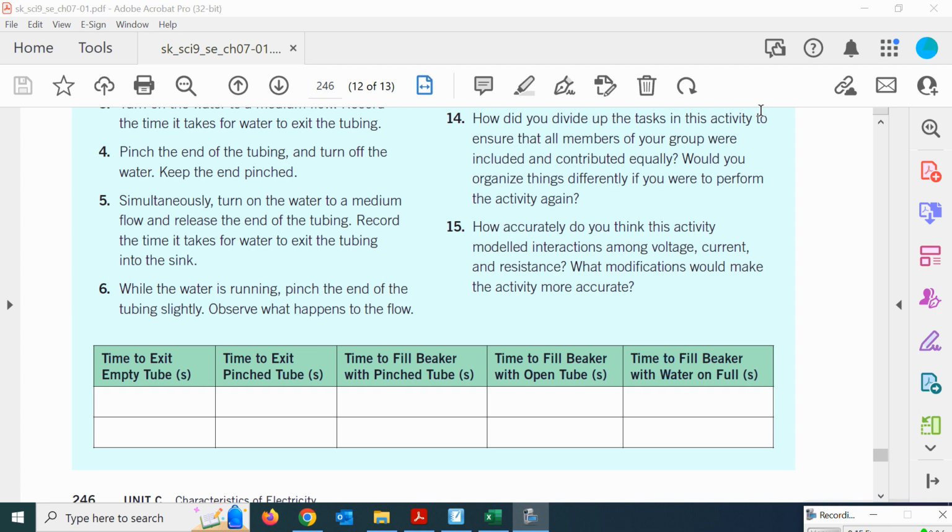I'm going to just see if this works. I'm not timing yet. I was just seeing how fast I turn it on. Okay. I'm going to empty the tube though.